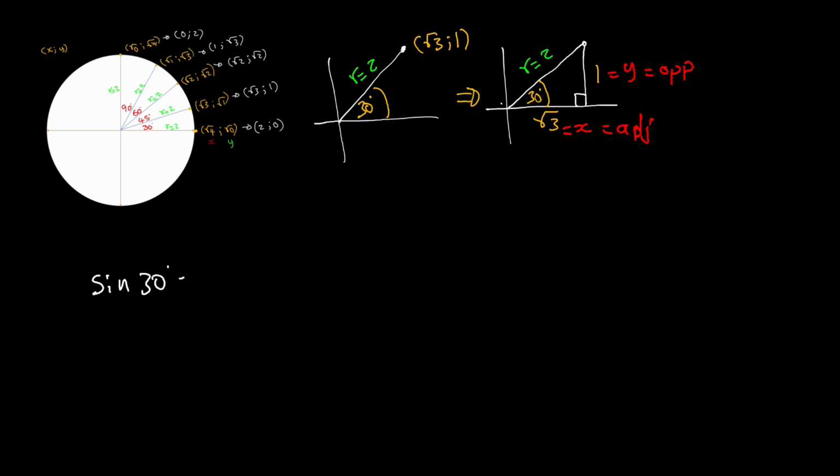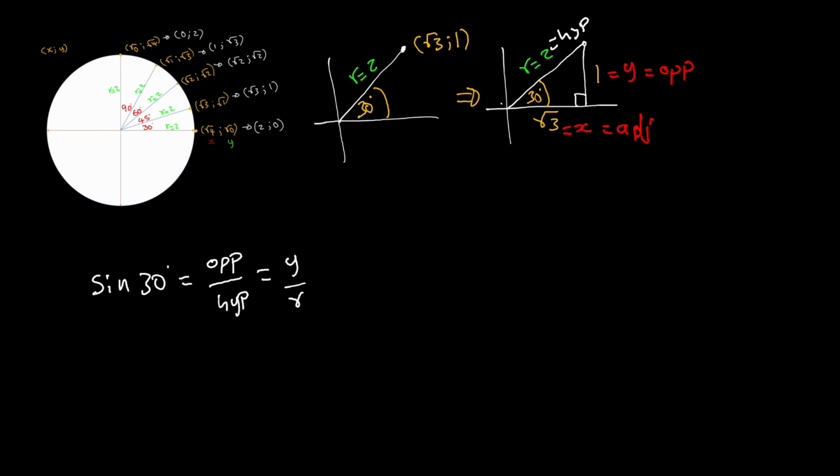Now, what is sine 30 degrees? Sine 30 degrees is opposite over hypotenuse, okay? Now, opposite, when you look at opposite, is y, the value of y, over the value of r, which is hypotenuse.